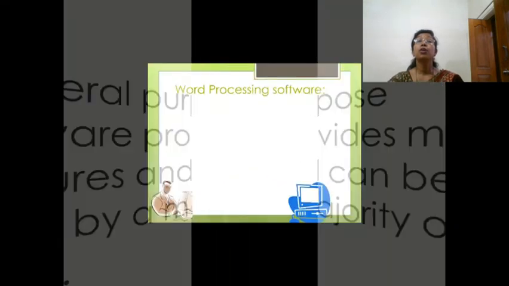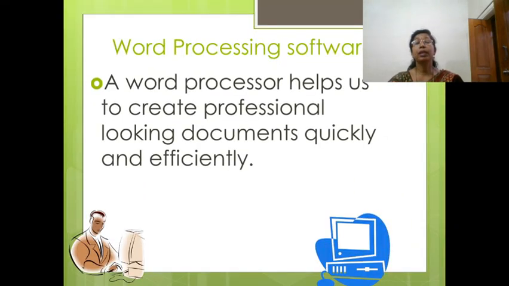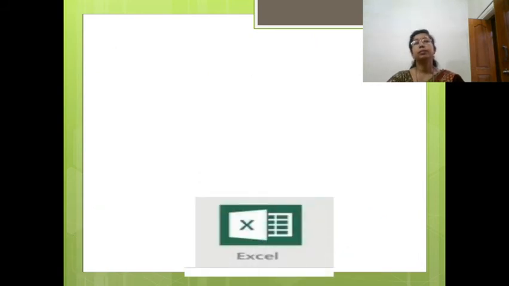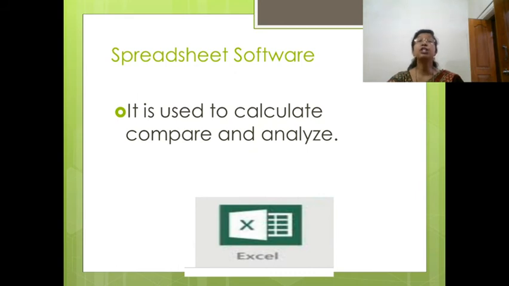We studied about word processing software. It is used for typing, editing, formatting and printing documents. Then we studied about spreadsheet software. Spreadsheet software is used to work with tabular data. Values can be represented in rows and columns.